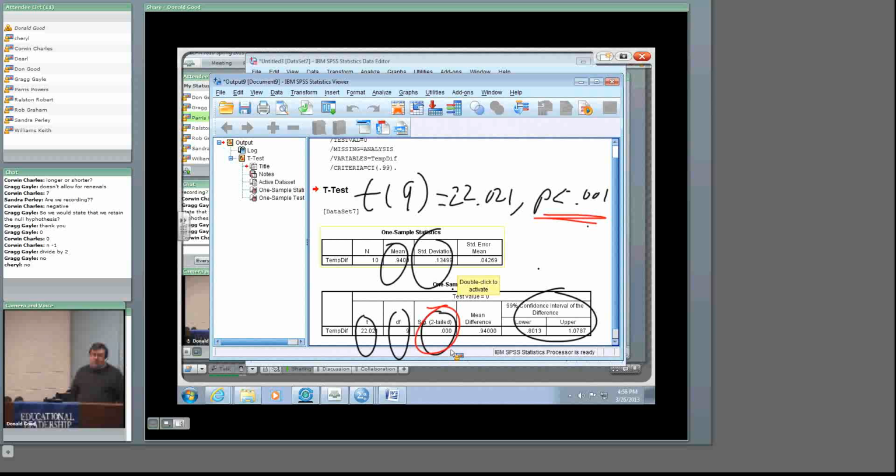To determine that something is a cause, you have to have randomization and random assignment, experimental and control groups, and all that stuff for true or pure experimental research. We can't do that with our kind of research, because you just can't do that with students or in education in general.